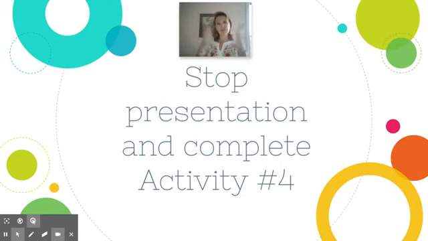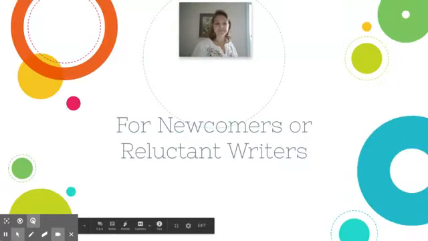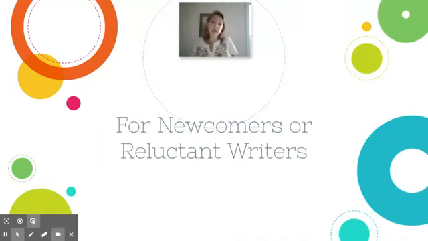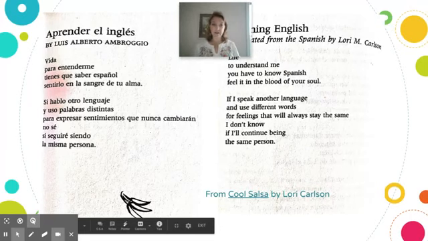So as I was putting all this presentation together, I noticed that a lot of my examples were very strong. So I wanted to show you some newcomers or some reluctant writers, what they looked like, because they still were able to do the activity and they still got something out of it. So we started with a different one from Cool Salsa. And I wanted to show the reluctant writers what it looked like in Spanish, and then also what it looked like in English.